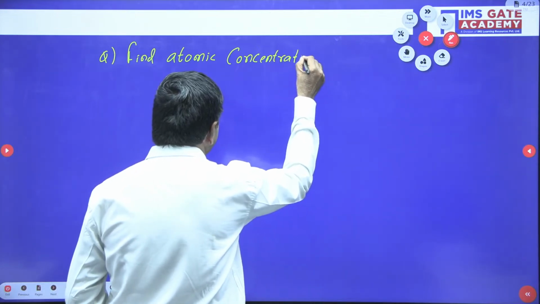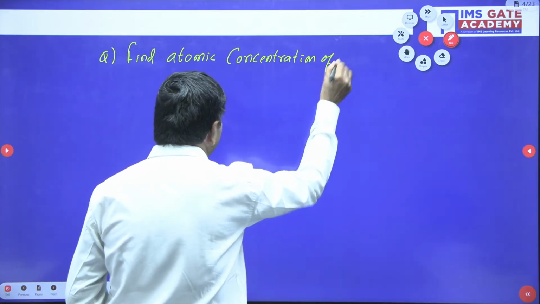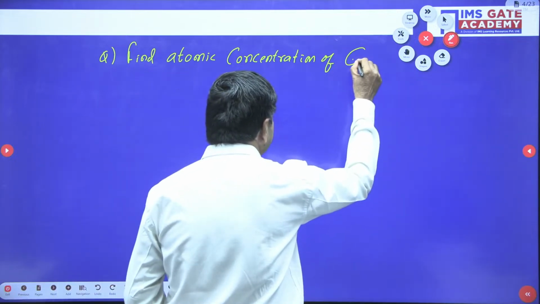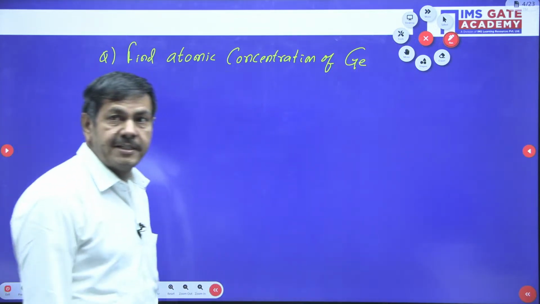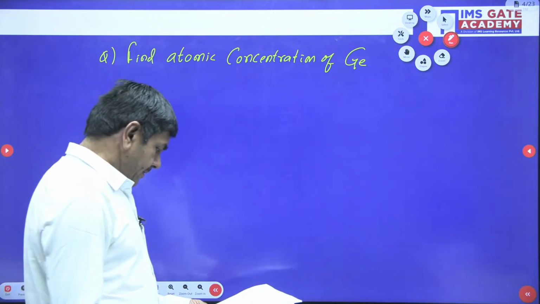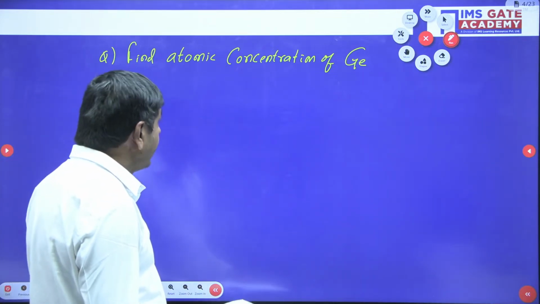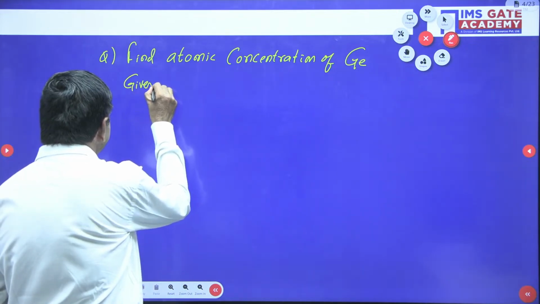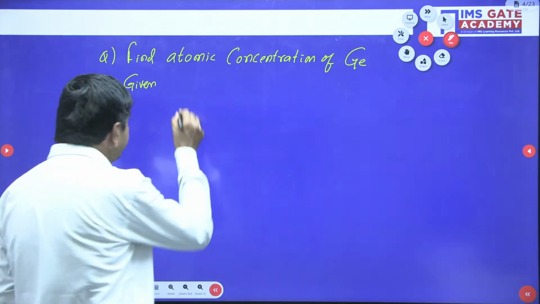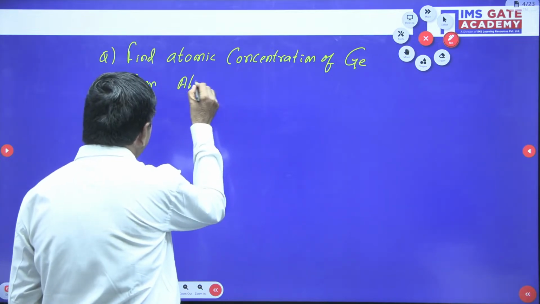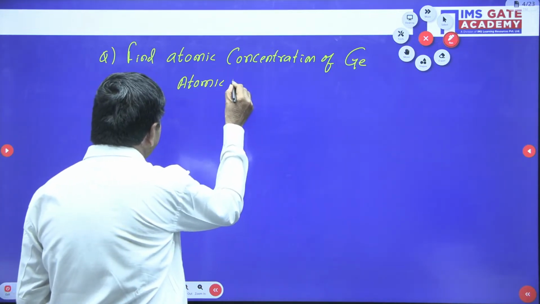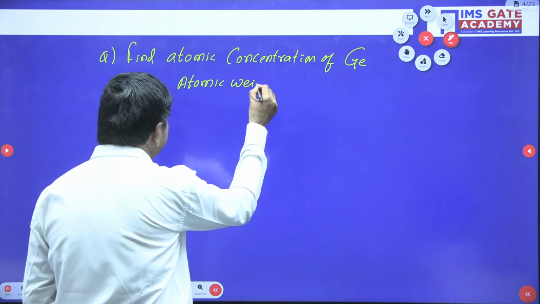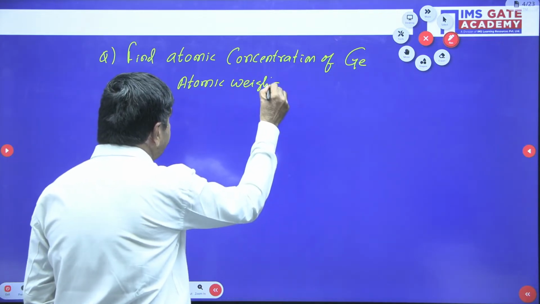Atomic concentration of germanium. I am asking for germanium. For germanium I want, given atomic weight equal to 72.6, is given here.